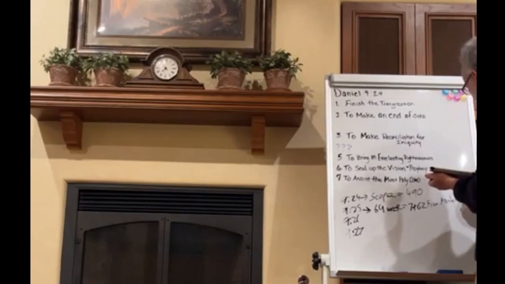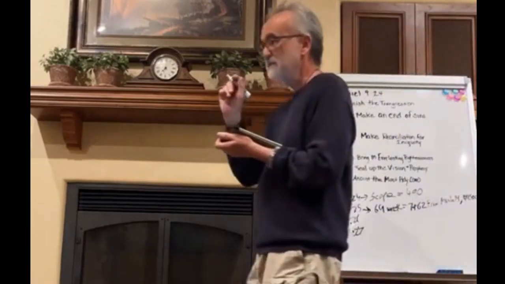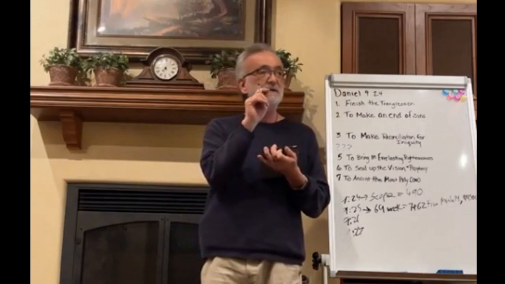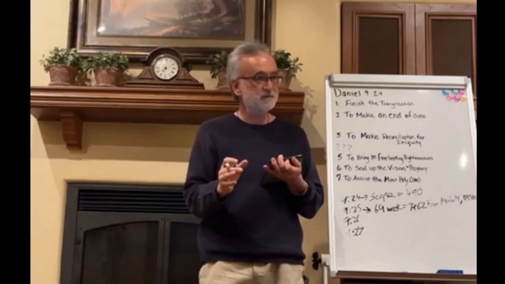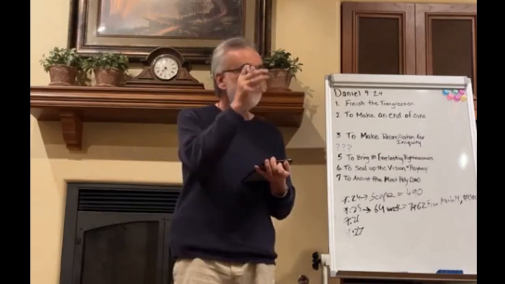And if you count the days from the start of there, 69 weeks, okay? And you go to weeks of years, and so that's 483 years, right? And then 360 days, and you count up the days, you come to an exact day.